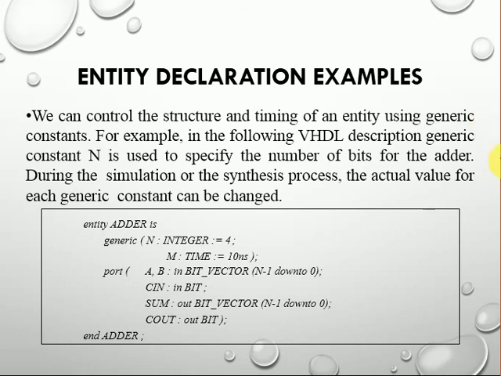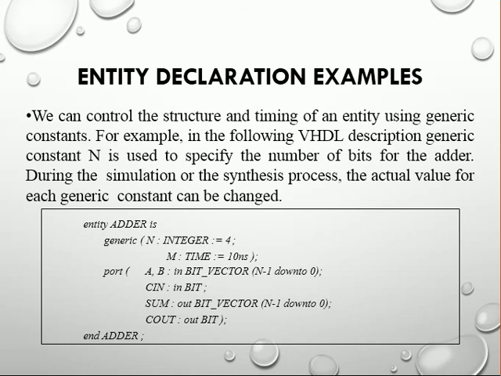So while writing this entity, let us say entity adder is, then generic, then we are taking a constant n, which is an integer type, having the initial value 4.